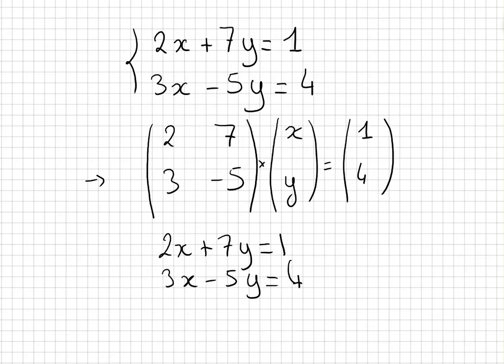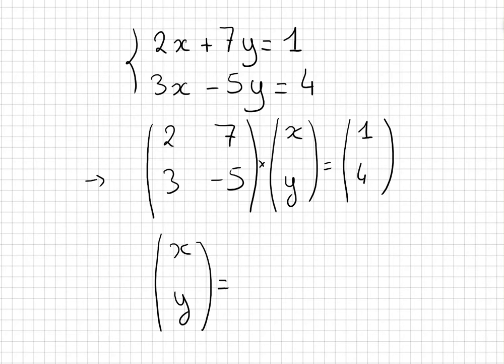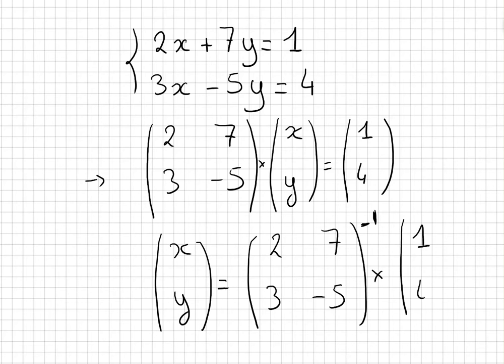Now with the matrix, how do we solve for x and y? The matrix x and y is equal to the matrix 2, 7, 3, minus 5 that we invert, times the matrix 1 and 4. It's exactly like if we say A times x is equal to b. It means that x is equal to A inverse times b.